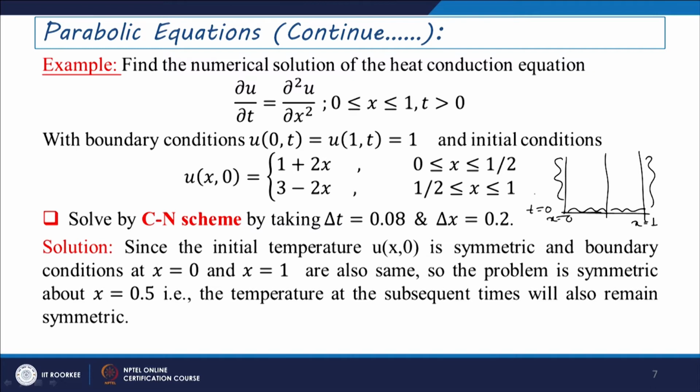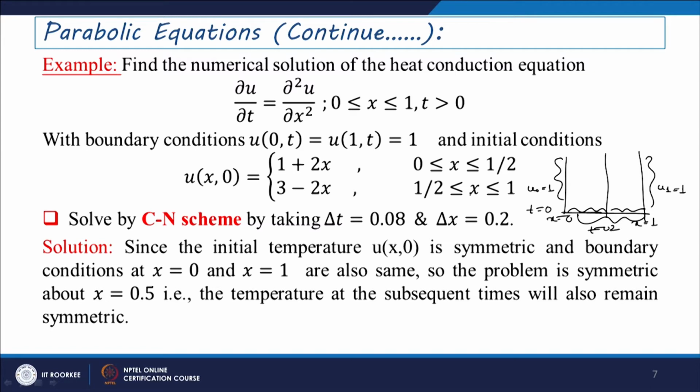Here, u0 is considered as 1 and u1 is considered as 1 also. And for this boundary, at t equals 0, these values are given as 1 plus 2x. At x equals half, we get the value 2 here.